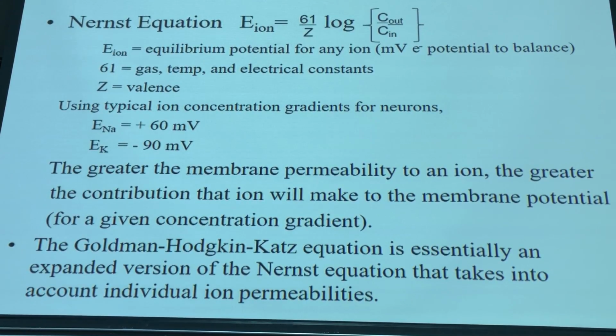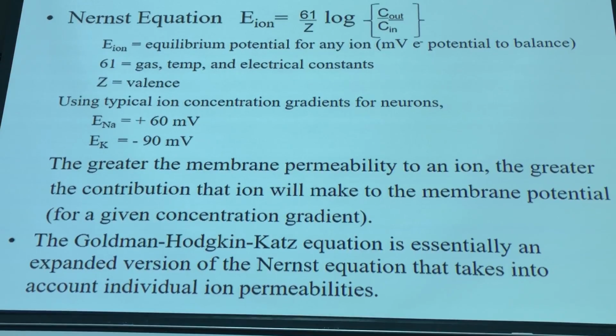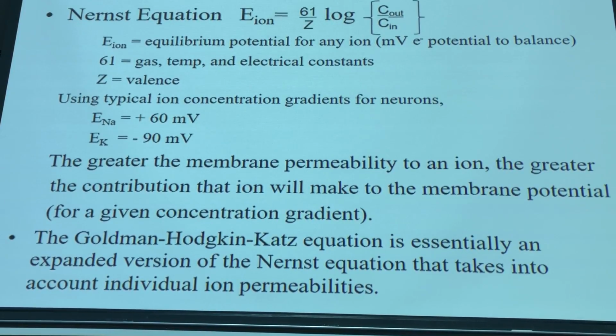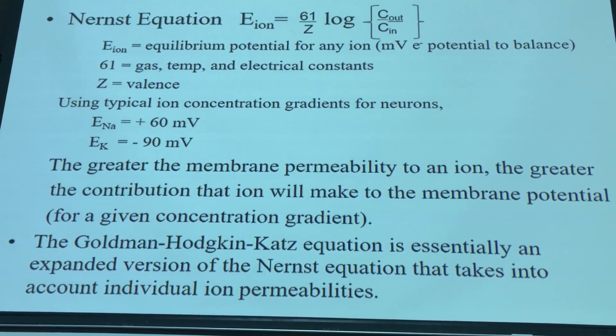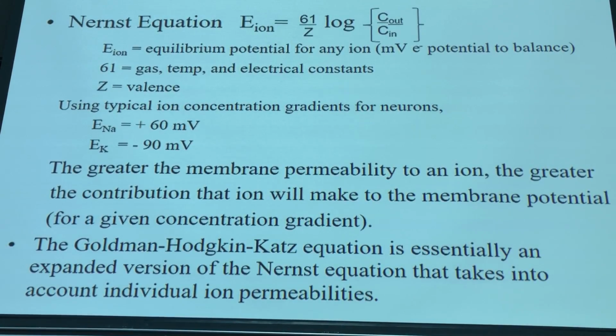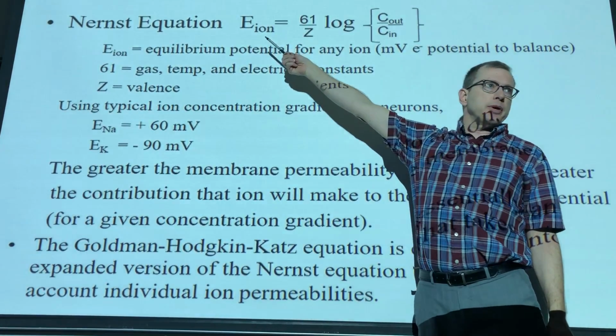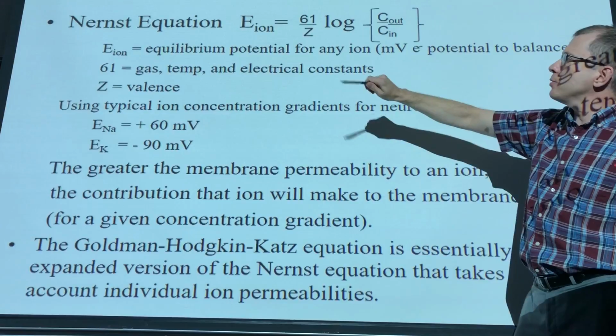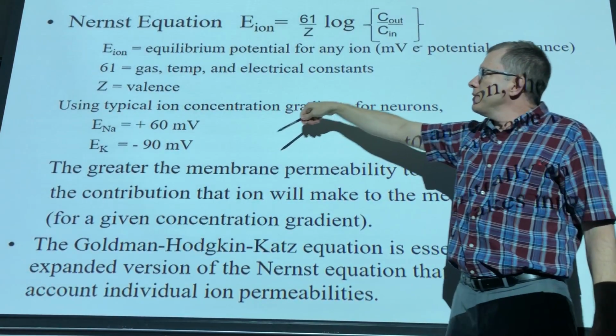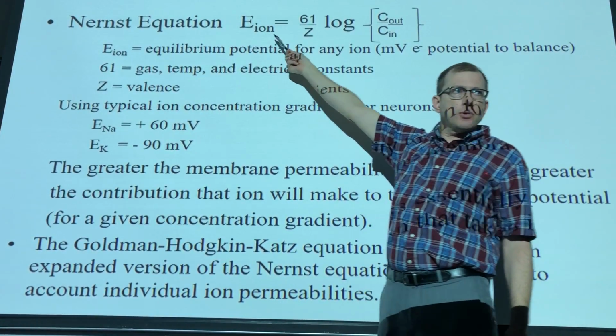So the Nernst equation is kind of the corollary to that Fick's idea, in the sense that how do things move across the membrane? How can we measure them and put it mathematically into terms that show us? And E is equilibrium potential. So E stands for equilibrium potential, and then the subscript is whatever ion we're looking at.